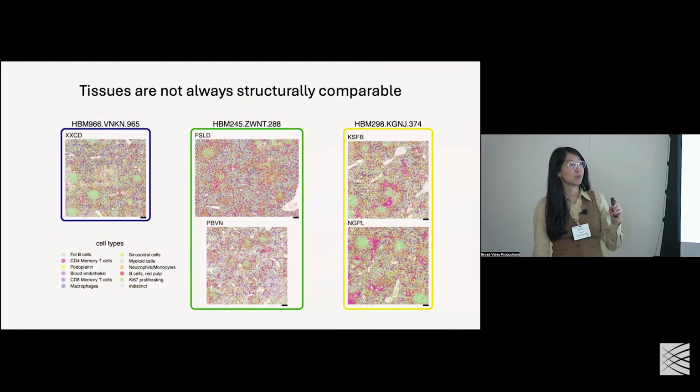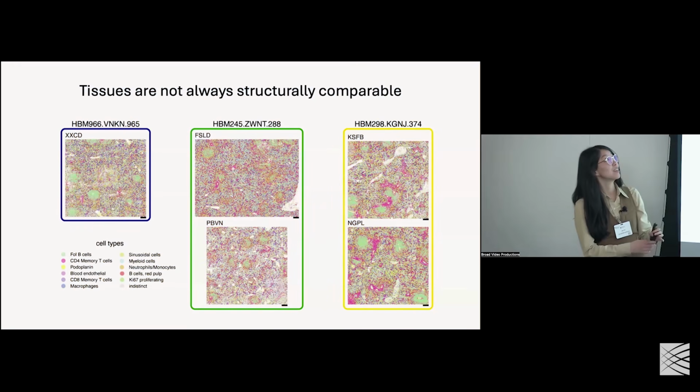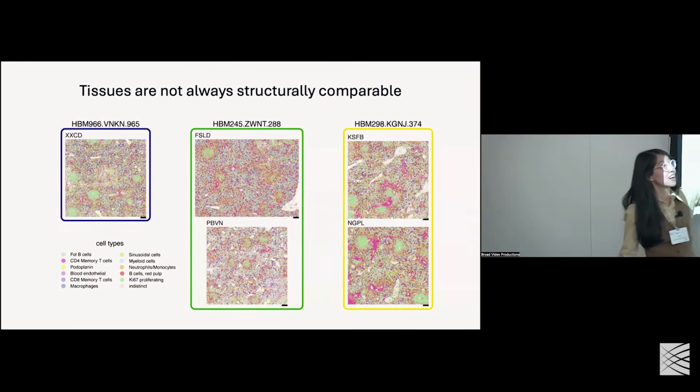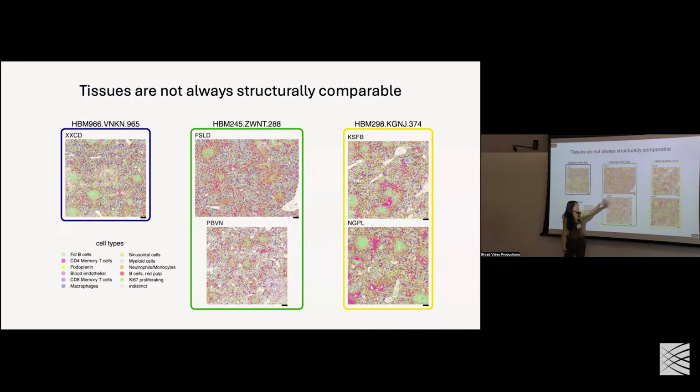And this, I think, is even more apparent if I look at other tissues. In this case, these are spleens from different individuals. Even in the context of the same individual, these are two tissue sections from the same human. You can see there are B cell follicles, there's vasculature, but there isn't necessarily a common coordinate framework where we can register all these things together, because that level of registration just doesn't happen at this particular scale.